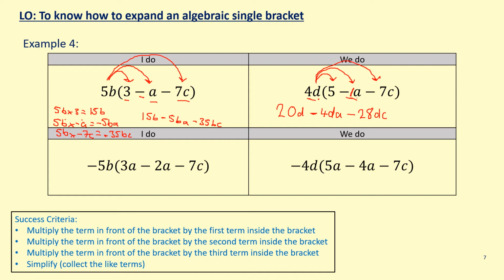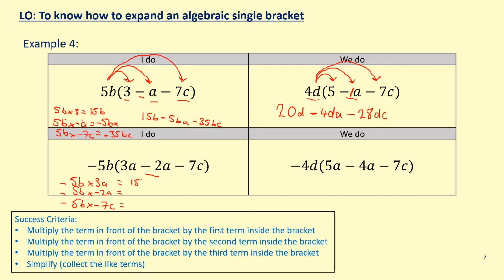Okay, now on to the next I do. It's the same process again. We do minus 5b times 3a, minus 5b times minus 2a, because remember that's a minus, and then we do minus 5b times minus 7c. So 5 times 3 is 15.